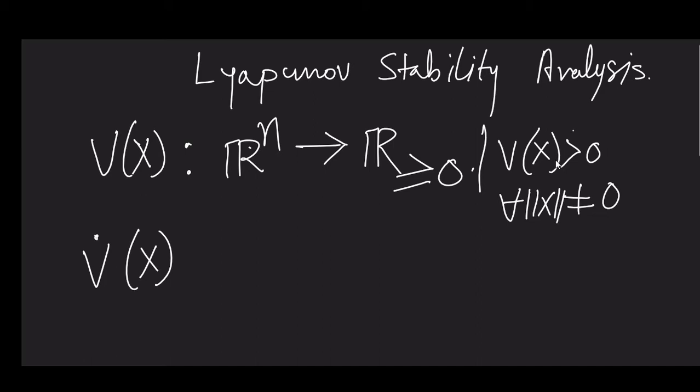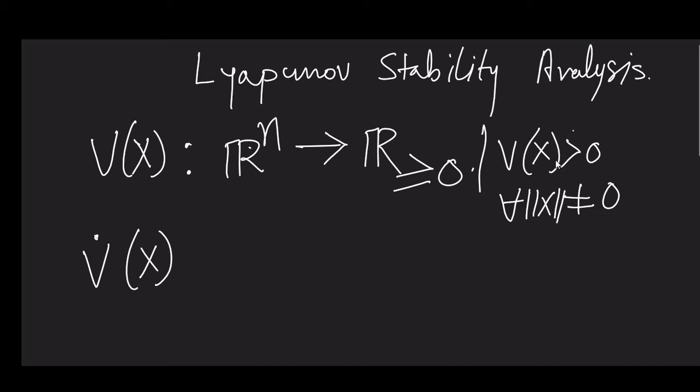Does V(x) exhibit a direct dependence on t? The answer is no, because V(x) is only a function of x. However, x being a function of t due to the state transition, V(x) is implicitly dependent on t, explicitly dependent on x.